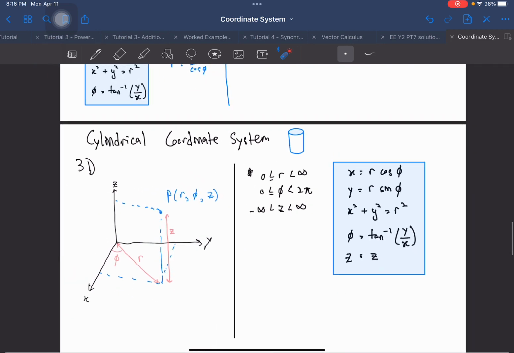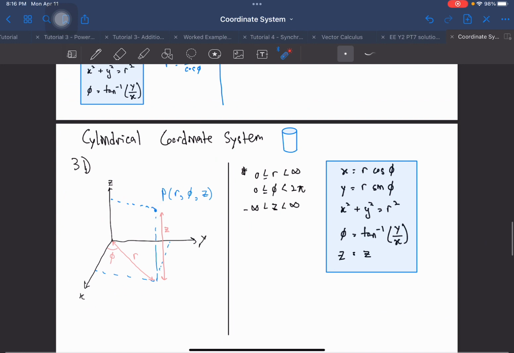Now you express a point in a cylindrical coordinate system with r, phi, and z, where z denotes the height and r denotes the displacement of this point to the z coordinate, and phi is this angle between r and x.